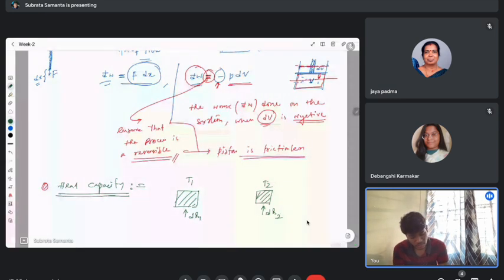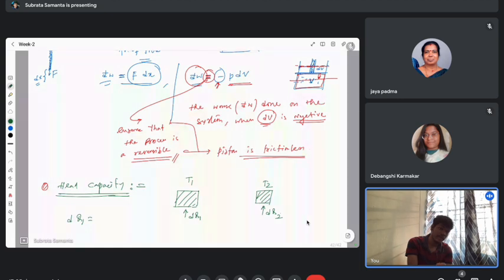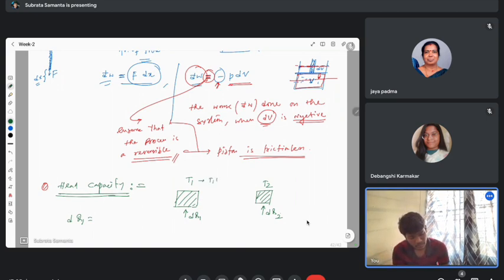So due to adding heat dQ1, the temperature T1 changes to T1 plus dT1, and the temperature T2 changes to T2 plus dT2.